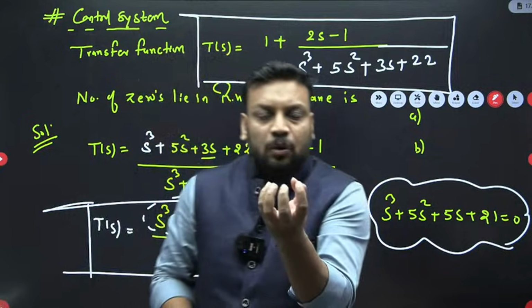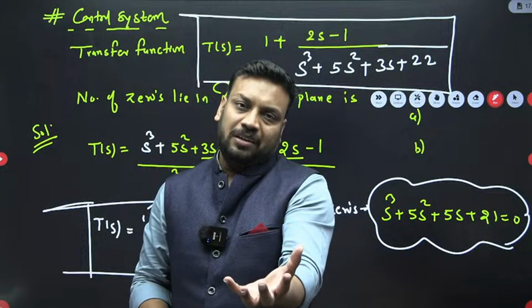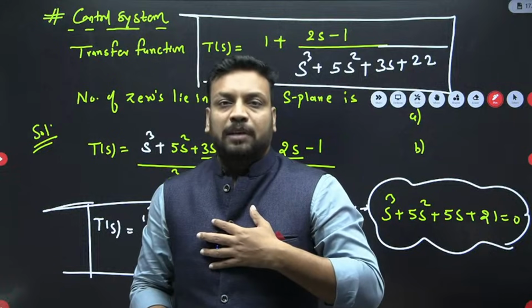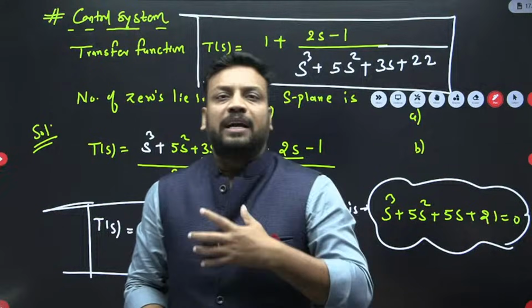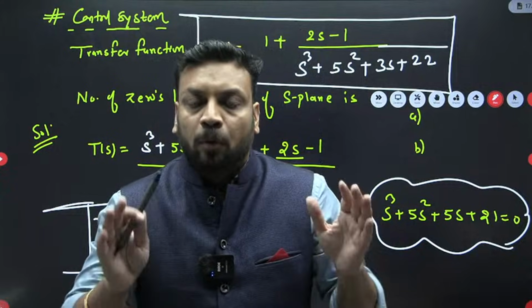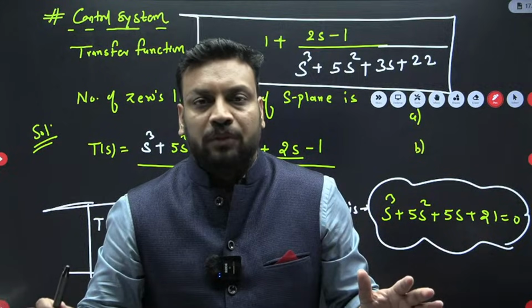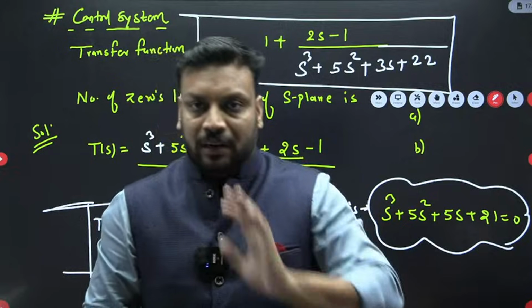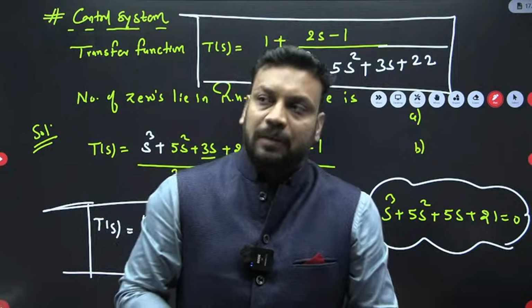So because Routh-Hurwitz provides the poles' location, by observing the pole location we can comment on the stability of the system as well.